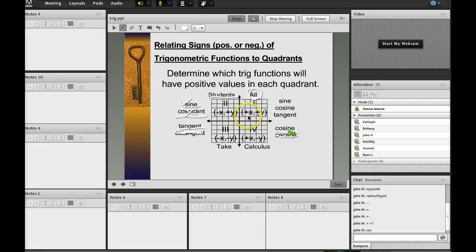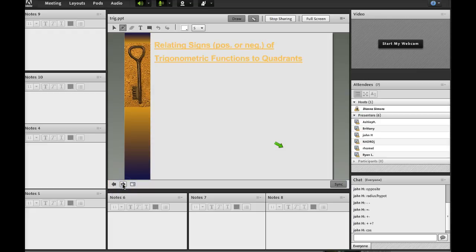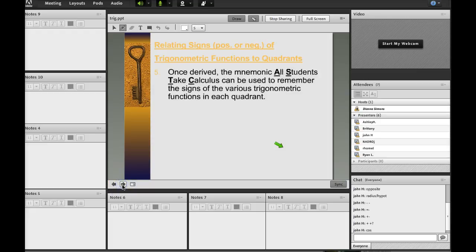Cosine. The x values are positive, so cosine is positive. Tangent is negative, sine is negative. Once you think about it, that's it.